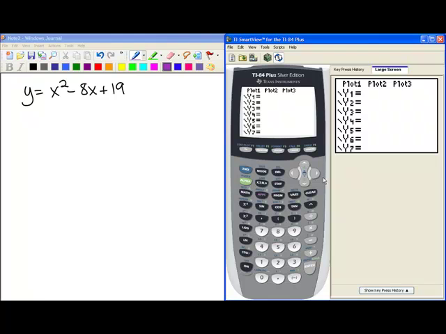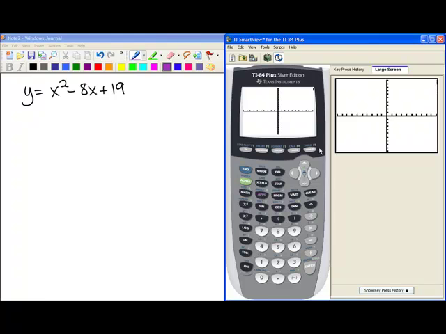I'm going to clear out the previous function, and I'm going to type in x squared minus 8x plus 19. And then I'm going to press the graph button. So our graph looks like this.